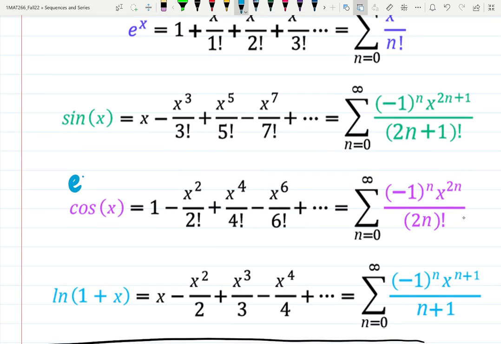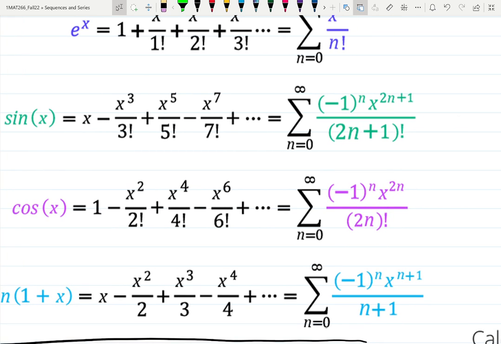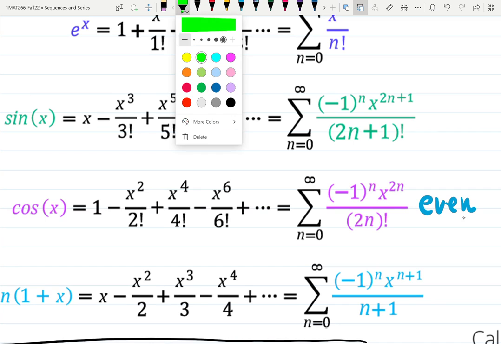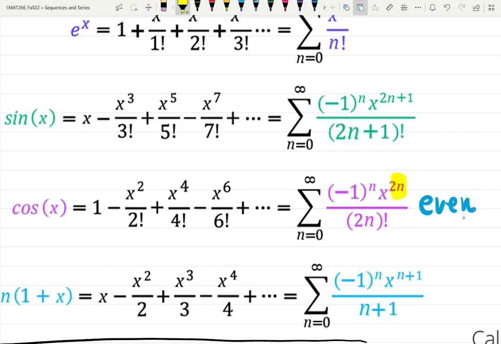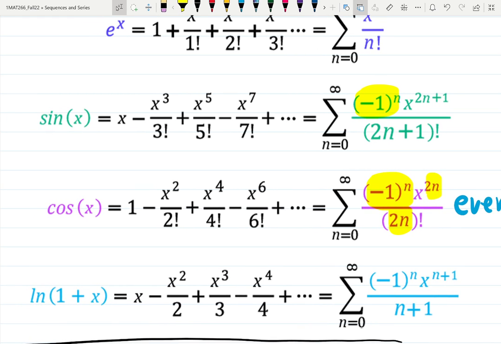We know that cosine is even, so that's why I could memorize by myself that it should have 2n as the power, and 2n factorial. We also know it's alternating because cosine and sine can be negative and positive. The sine function is also alternating. It can be positive and negative, but it's odd.